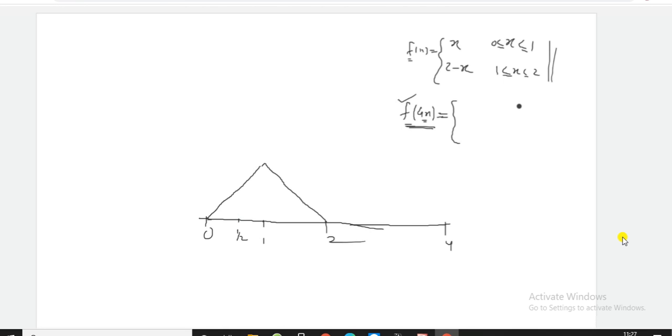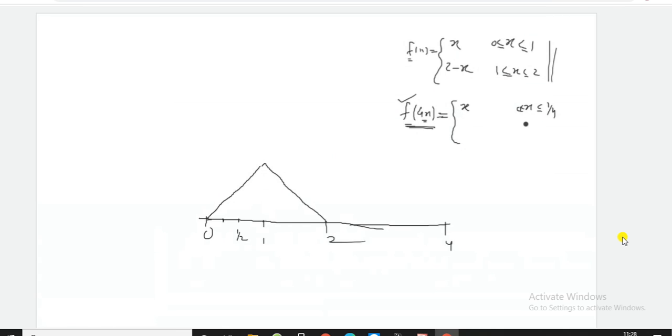So for example, when x lies between 0 and say 1/4, in between these two, its value is simply x.